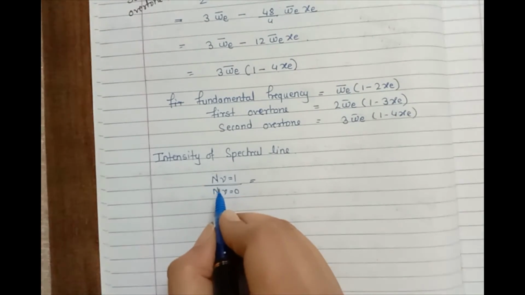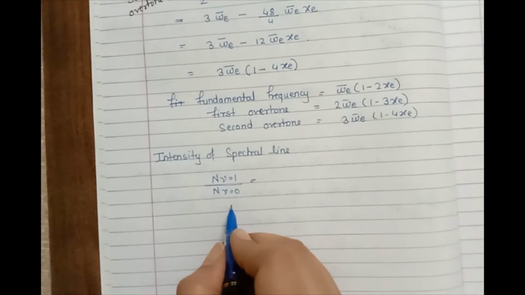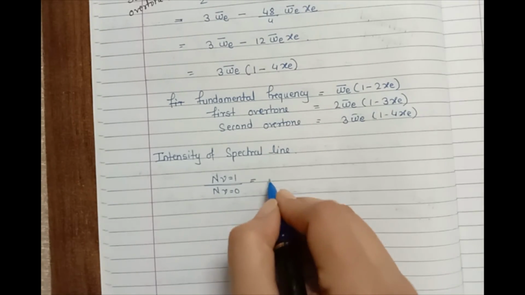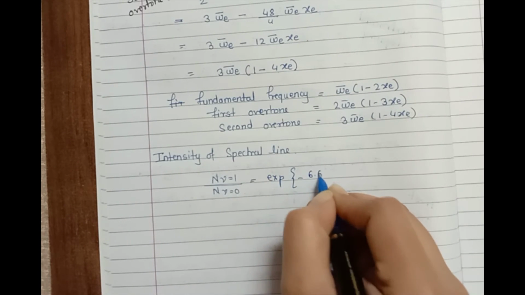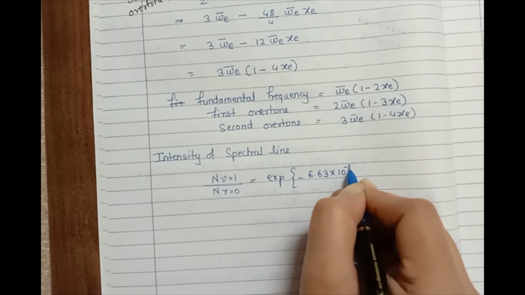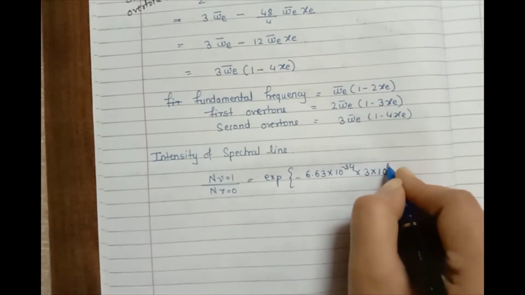Here is the number of molecules present in the first vibrational level. This is the number of molecules present in the ground vibrational level, which is given by exponential of minus 6.63 into 10 raised to minus 34 into 3 into 10 raised to 10.